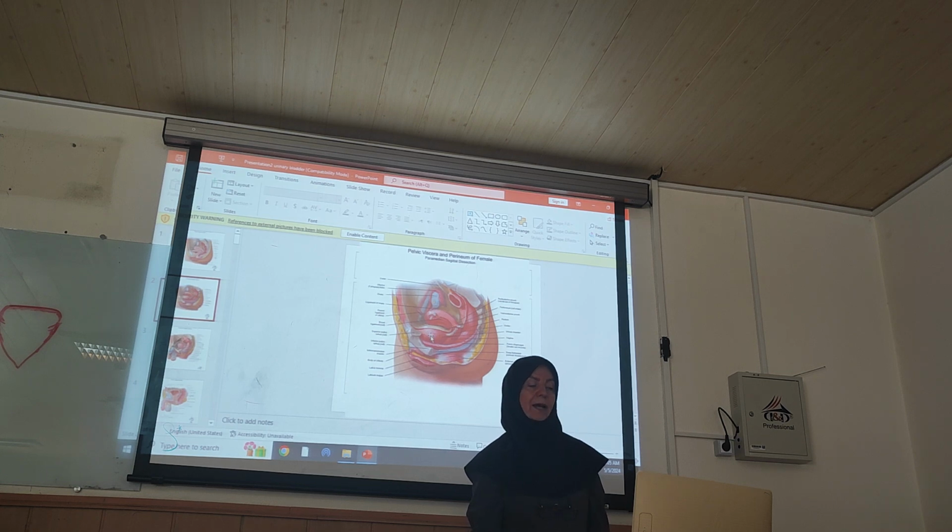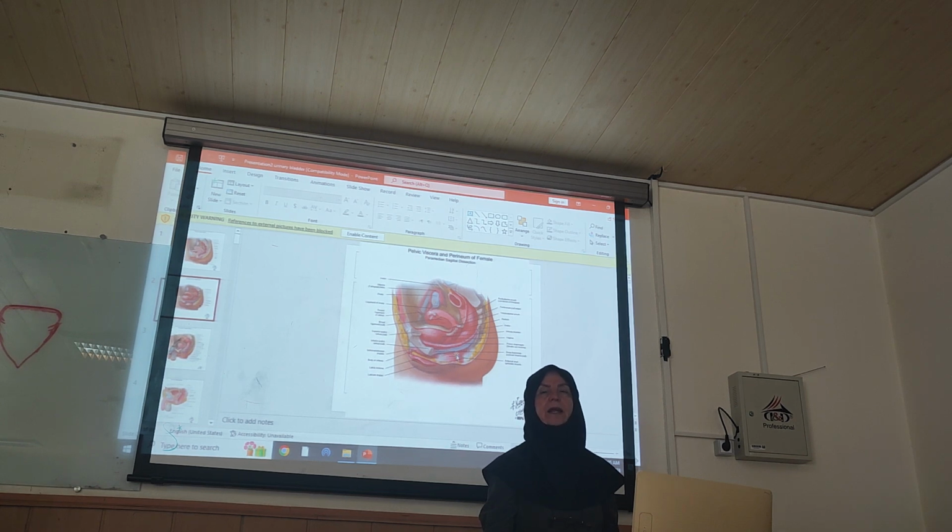The urinary bladder and urethra, uterus and vagina, rectum and anal canal. It is a cross section from the pelvic diaphragm. You can imagine inferior to this pelvic diaphragm, this area we call the perineum.